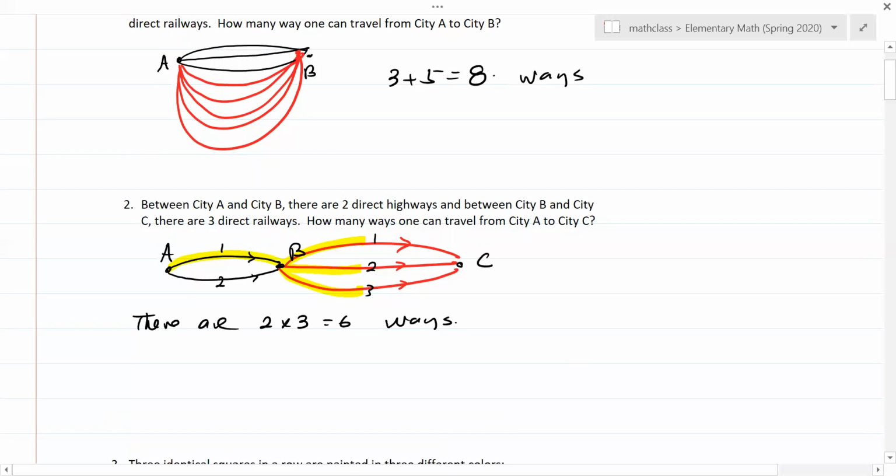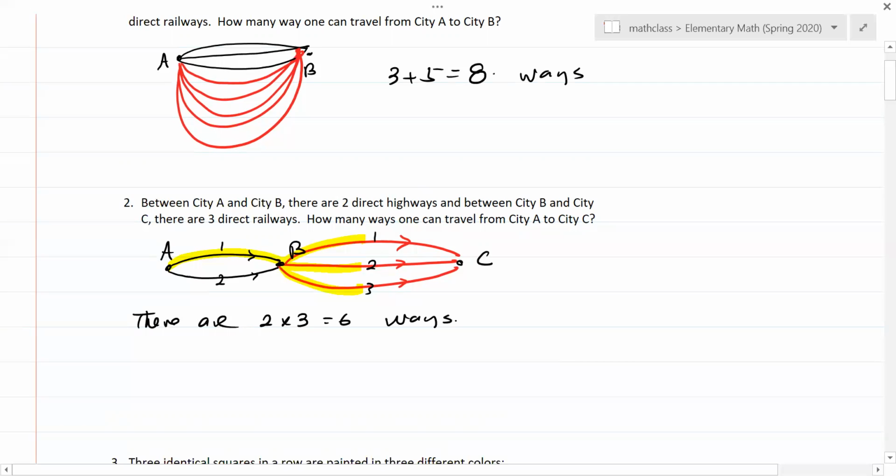If in the first step you have 2 choices and in the second step you have 3 choices, then the total number of ways to go through is 2 times 3.